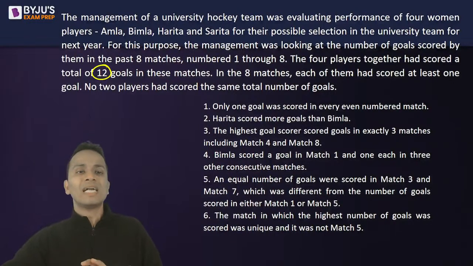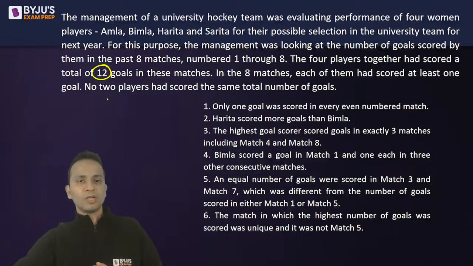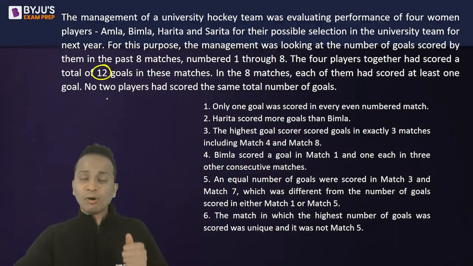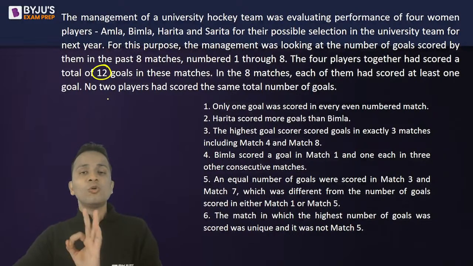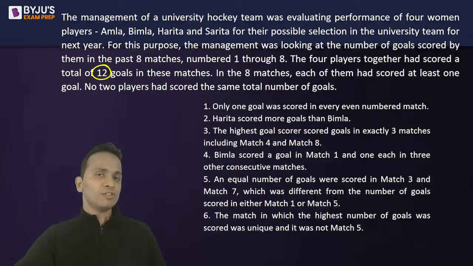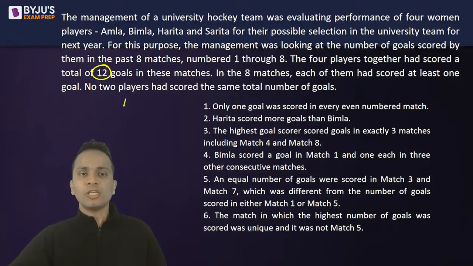So the sum of four non-zero distinct numbers should be 12. Let's try to find out these four numbers. I'll start with one, the smallest possible value. Then the next number will be 2, next number 3, and the remaining will be 6.